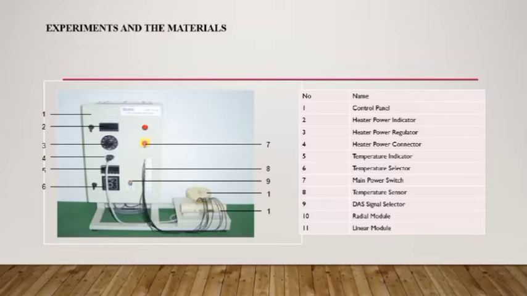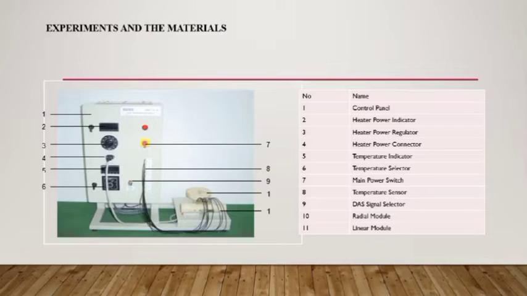The fourth is the heat power connector, which we can connect and eject the source of power. The fifth is the temperature indicator, which indicates the temperature reading throughout the experiment. The sixth is the temperature selector, with which we can select our temperature from 0 to 100 degrees Celsius.